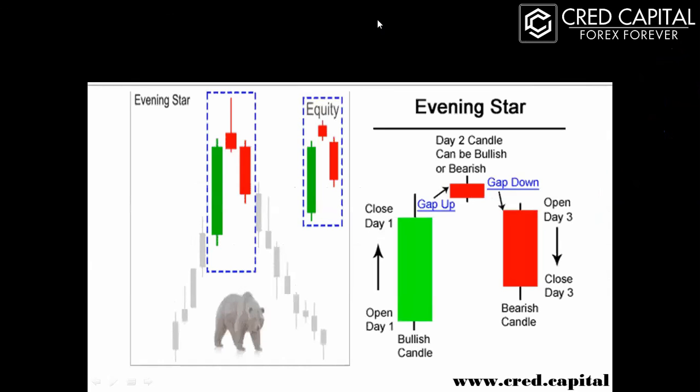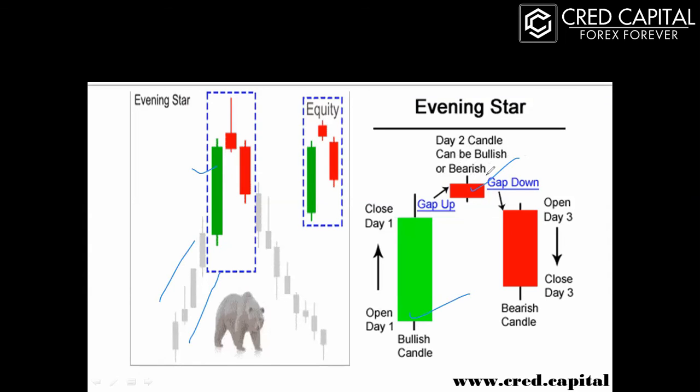So let's see in the diagram first. Look, the market is in an uptrend, okay? First, according to the trend, we have the large bullish candle. The formation is always much the same in shape.